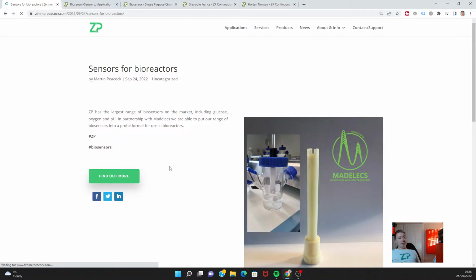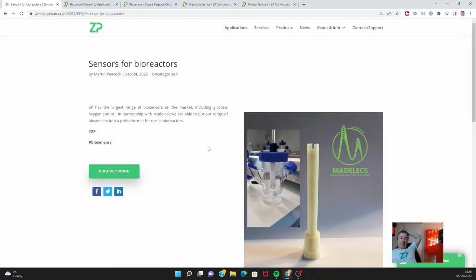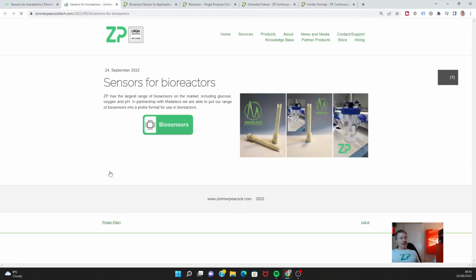Now, at Zimmer Peacock, what's really important to us sometimes is also applications. When I mean applications, I mean getting sensors into demanding situations. Let me give you an example of a demanding situation. Trying to put sensors into bioreactors can be quite tough.